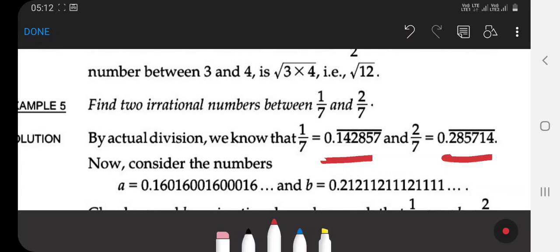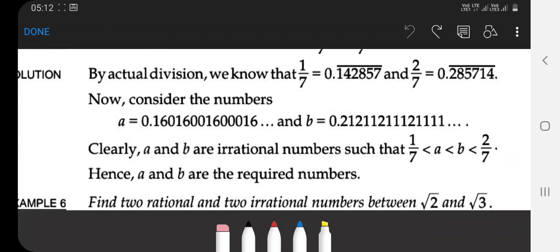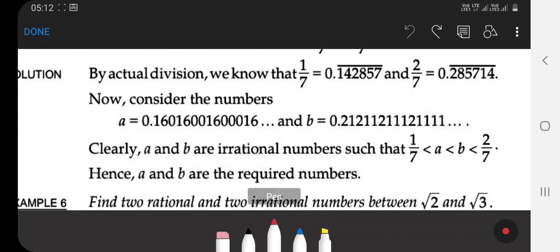Then you insert any number which is greater than the value of 1 by 7 but less than the value of 2 by 7. Clear? So here we insert the two numbers.